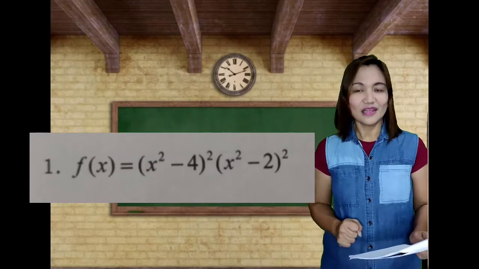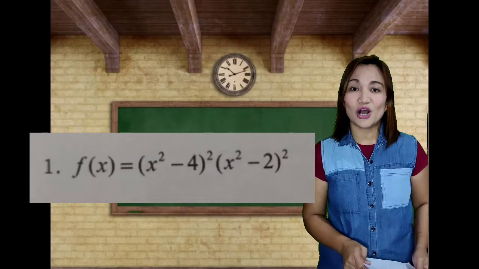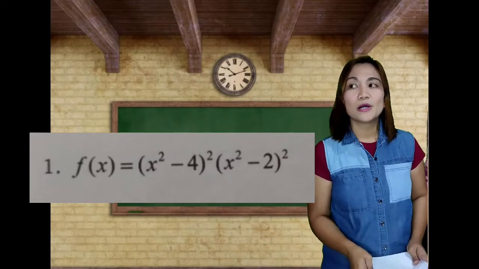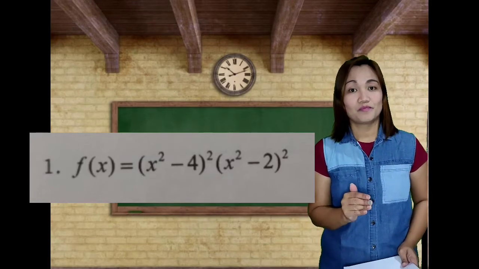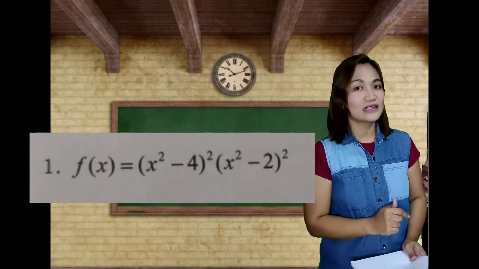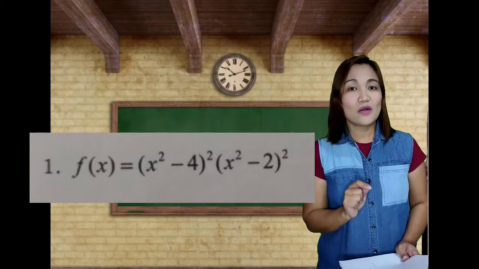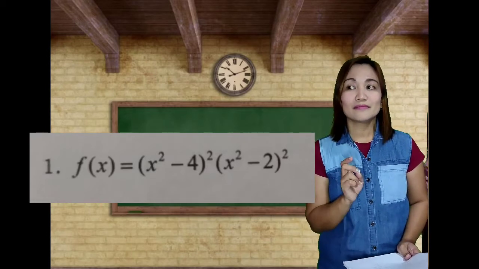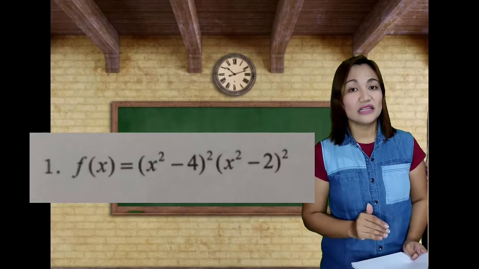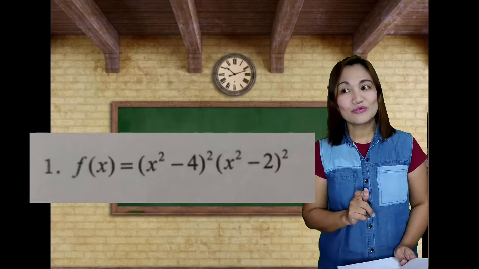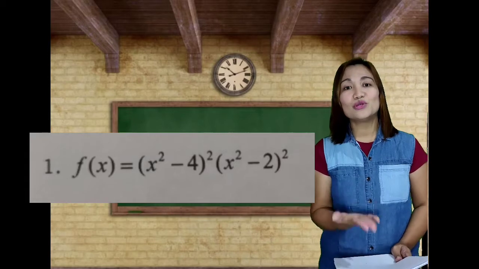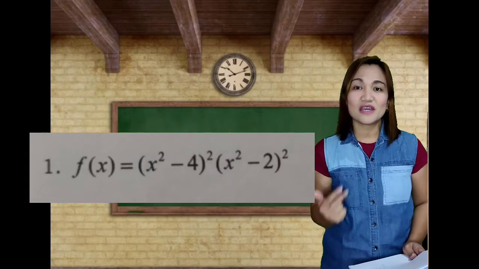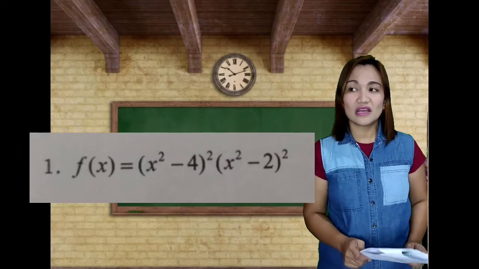Next, the end behaviors of the graph. As we can see, we have the degree. So, nasa leading term na natin kanina that our leading term is x to the 8th power, and we have an even degree. Therefore, saan papunta or ano yung end tail natin dun sa end behavior natin? We have an even degree.